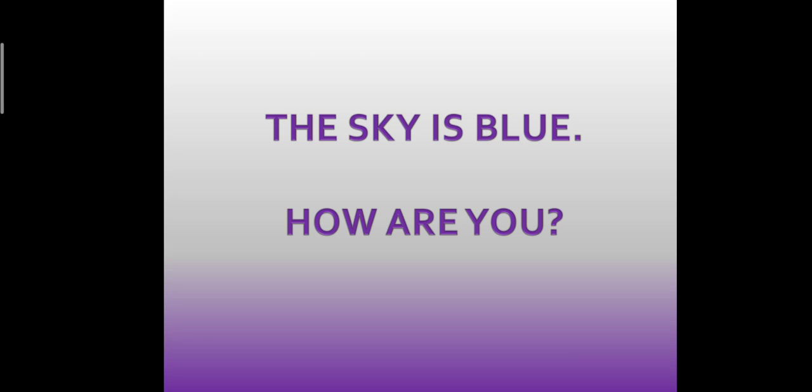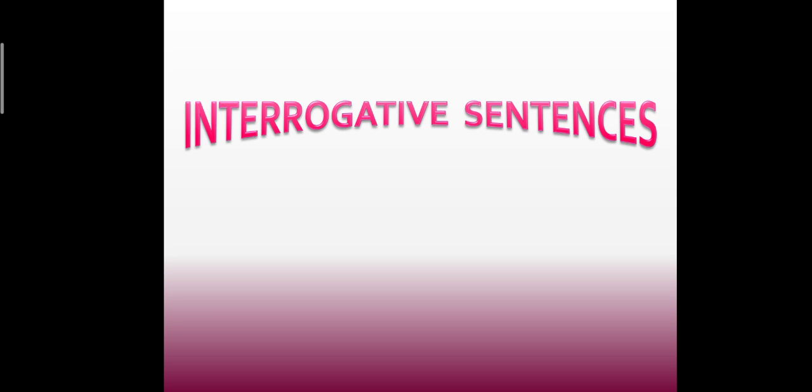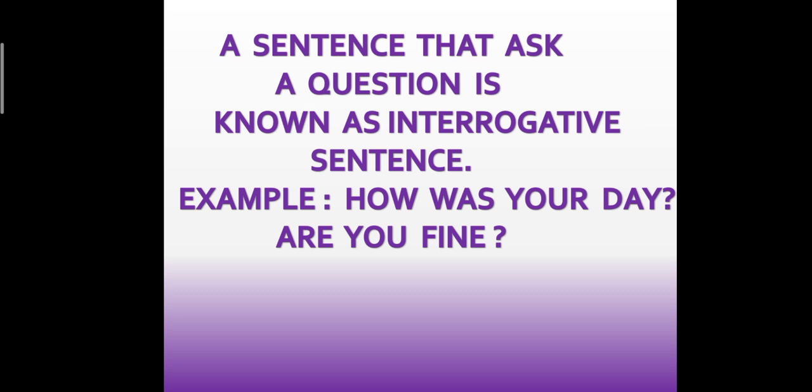So, coming back, now look at the second sentence here. How are you? The second sentence we call an interrogative sentence. Why? Because it's a question. So, a sentence that asks a question is known as an interrogative sentence.